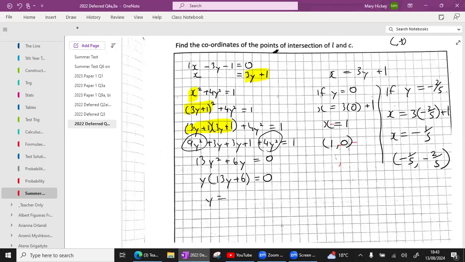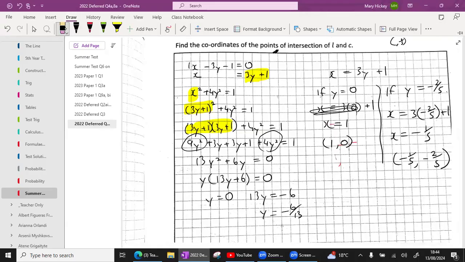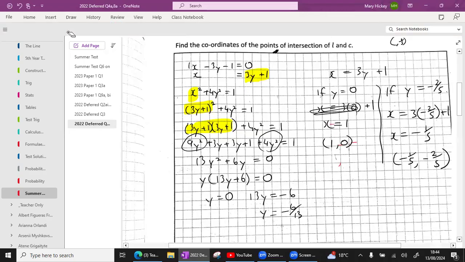So y is 0, and the other option is minus 6 over 13. So what happens over here is, actually, sorry, that still stands because y is 0. If y is 0, x is 1. So we'll just fix this one up and then we're good to go.